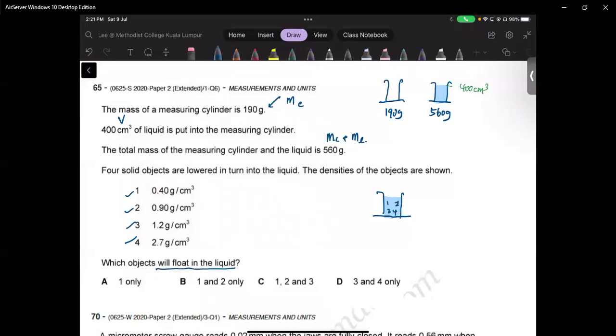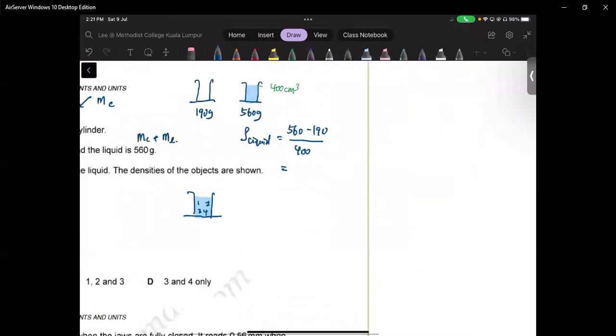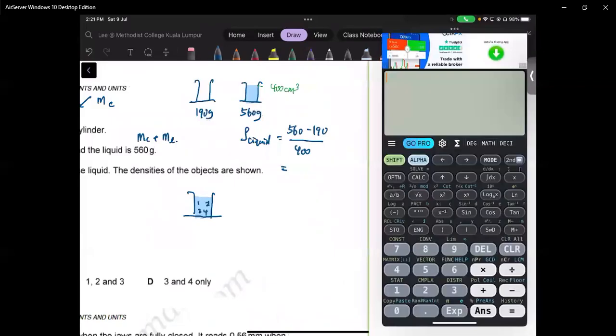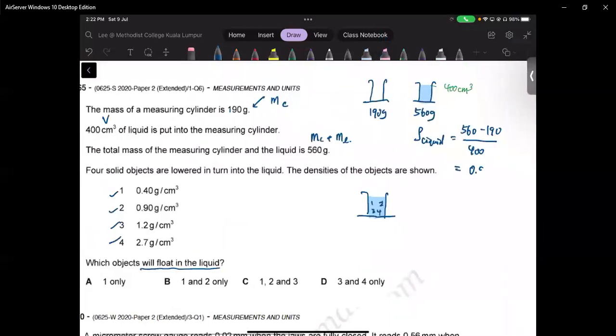What should we compare? Density of who? Cylinder or the liquid? Liquid. Okay, so we're going to find the density of the liquid, which is the mass of the liquid, or 560 minus 190 divided by 400. So 560 minus 190, 0.925 gram per cm cubed. Who floats?